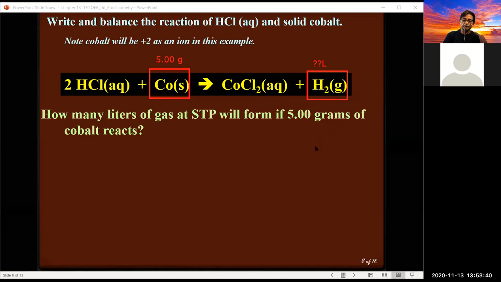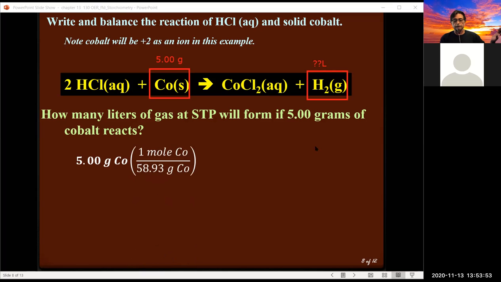All right, so let's write down what we're given. We're given 5.0 grams of cobalt. Conversion number 1 has to be moles. I need to convert cobalt into moles. So I look up the atomic weight of cobalt, which is 58.93 grams per mole. I write it with moles in the numerator. Why?